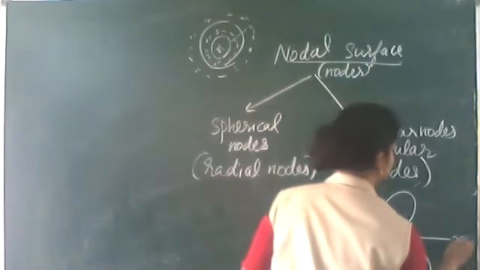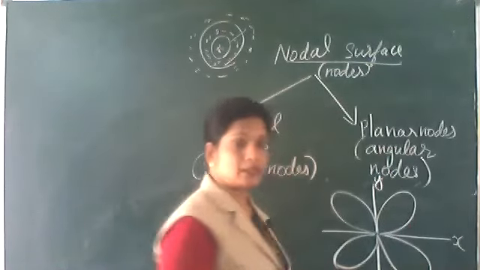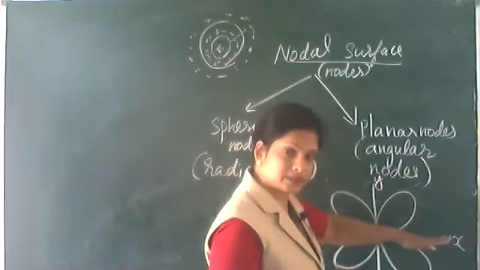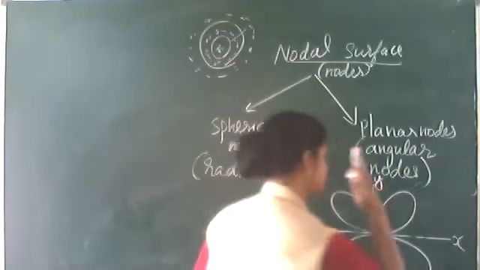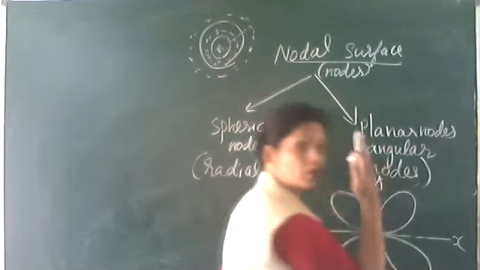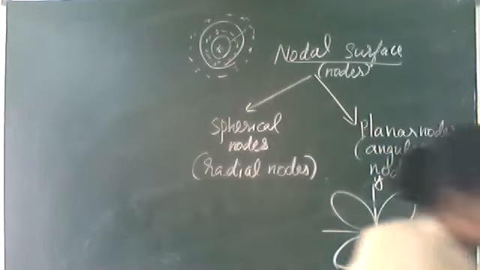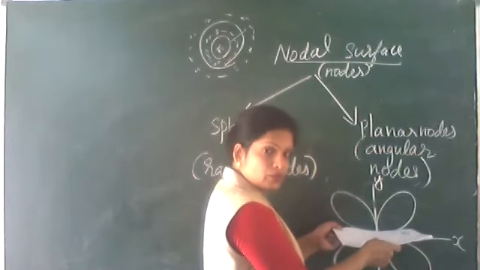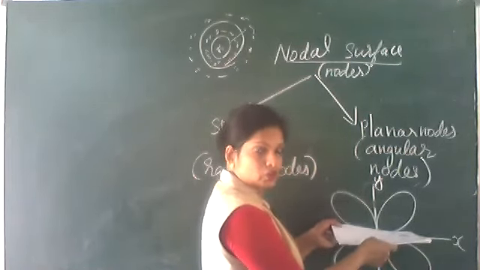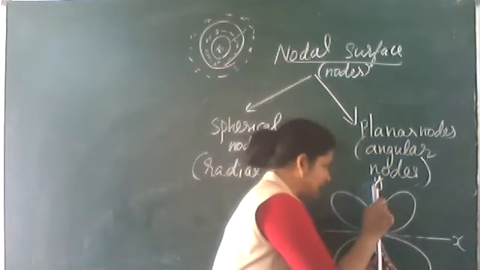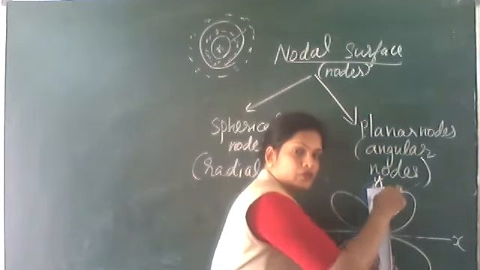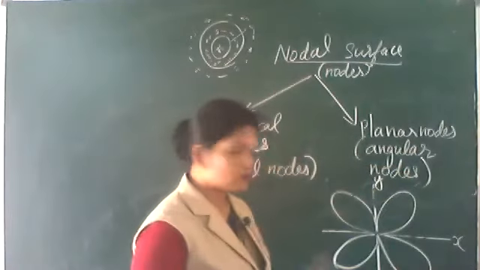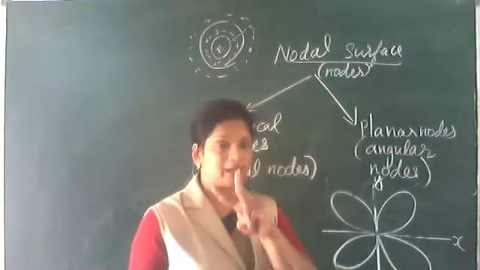For example, dxy is a d orbital. One plane is like this, and the other plane is like this, so two planes are there. I can put one paper like this. You will not see any electron on this paper. Similarly, a vertical paper like this. On this also you will not see any electron density. That means two nodal planes are there.